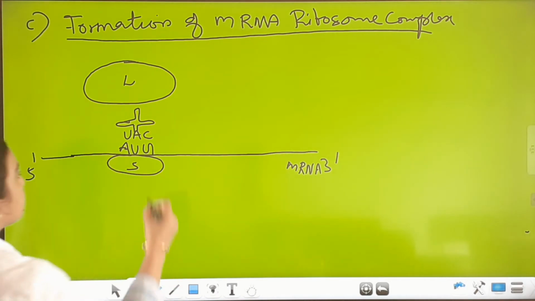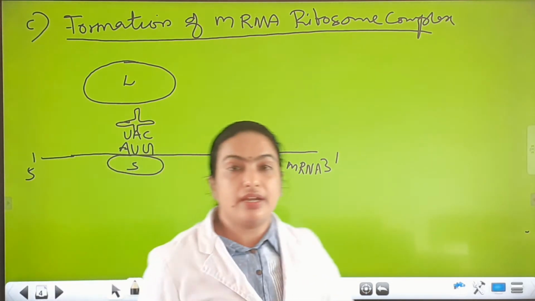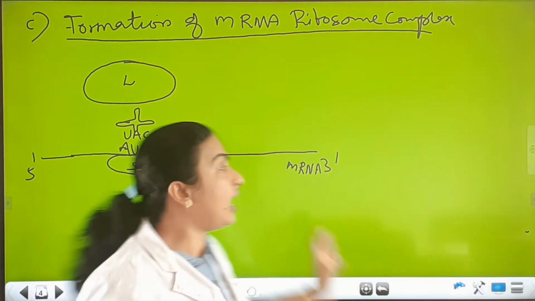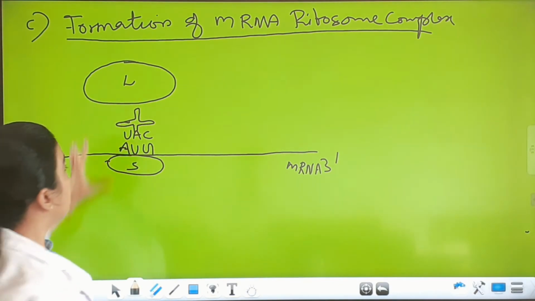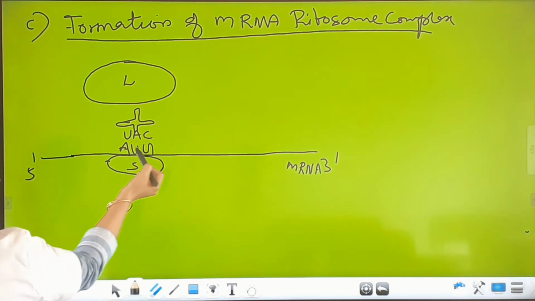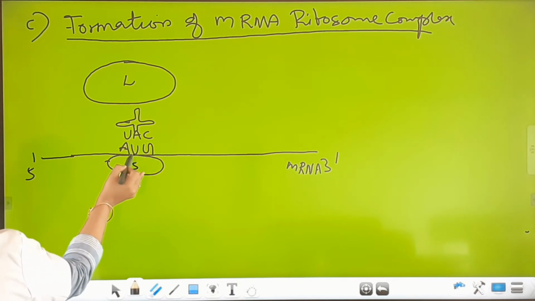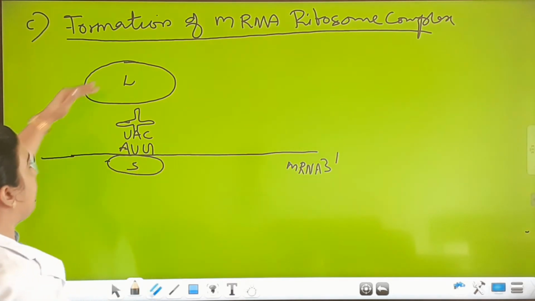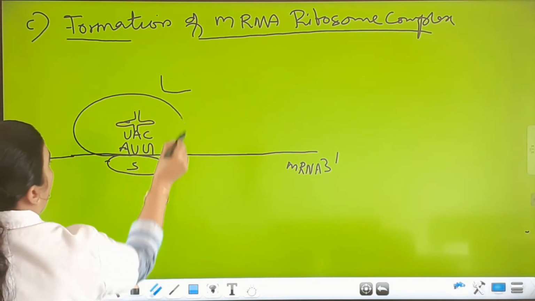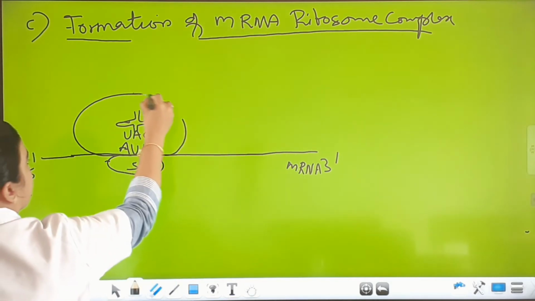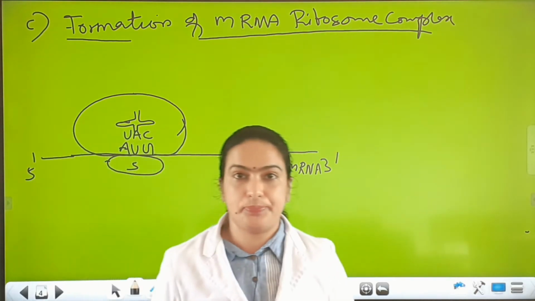Then the larger subunit binds with the mRNA. So after binding the tRNA with anticodon UAC on the AUG of mRNA, the larger subunit binds and forms an mRNA ribosomal complex.